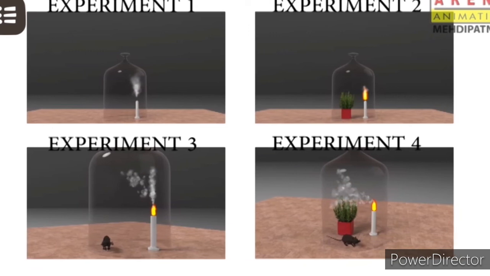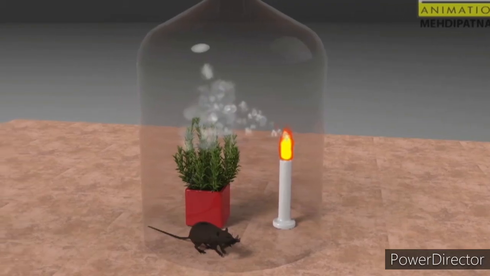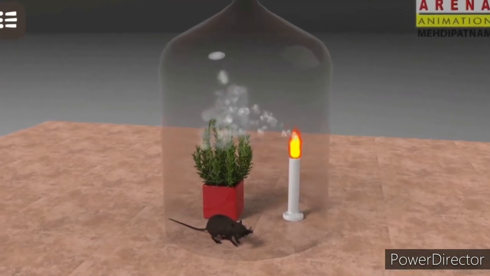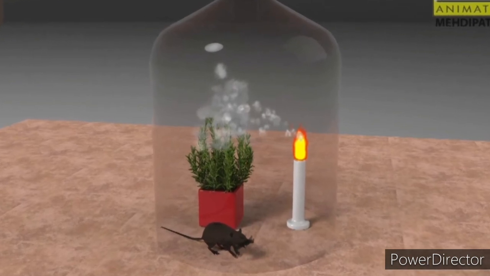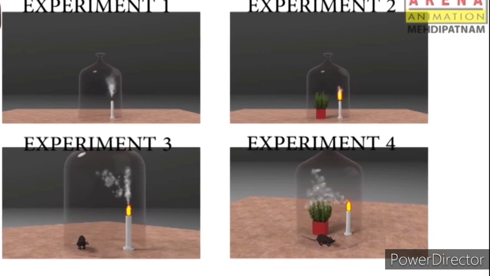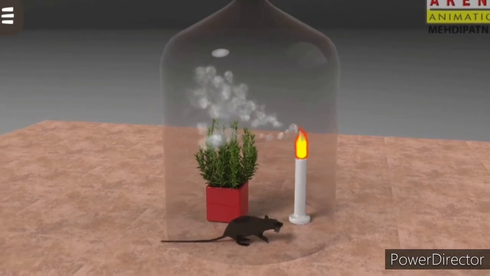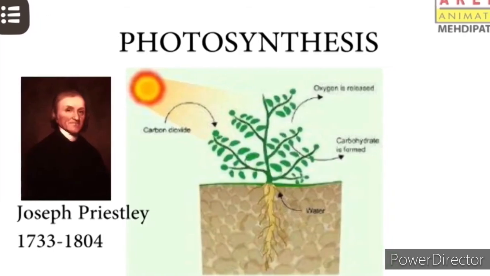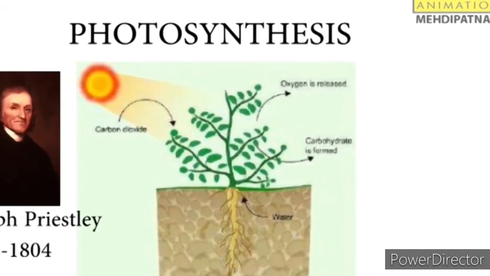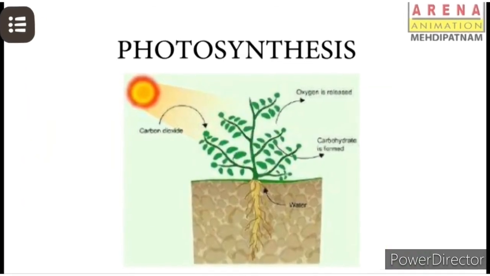Plants also carry on gaseous exchange through loose tissues on stems, roots, etc. By this experiment, he discovered oxygen in the year 1774, and the name oxygen was coined by Lavoisier in the year 1775. This is about Priestley's bell jar experiment. Understood, no? Next, we'll move to the next topic.